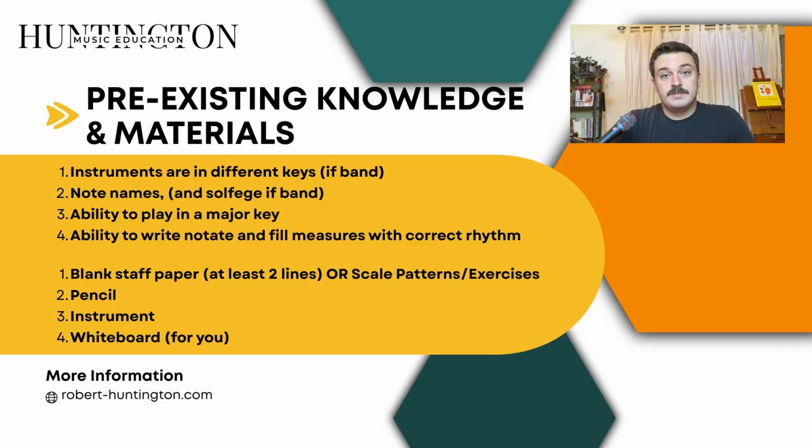Note names, if you're in an instrument or a class that doesn't need to worry about transposing, then note names work just fine. If you're teaching a band class, I recommend that you teach, in addition to note names, solfege too, because you can say everybody, B flat major chord, the root of that is B flat do, then B flat mi, and then B flat so.